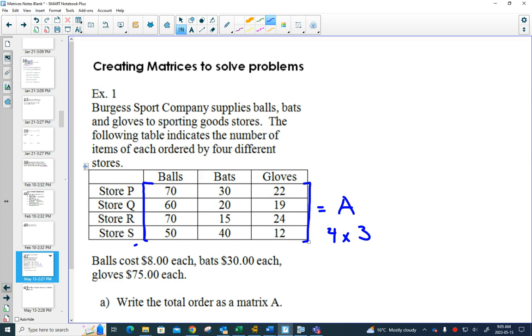And the 4 stood for stores P, Q, R, and S, so I'm just going to write that underneath the 4. Underneath the 3, we have balls, bats, and gloves, and I chose bad letters.